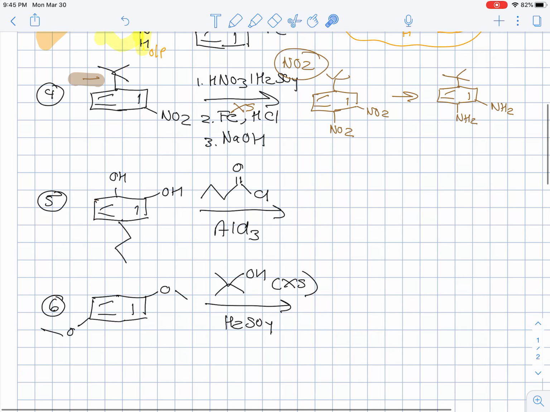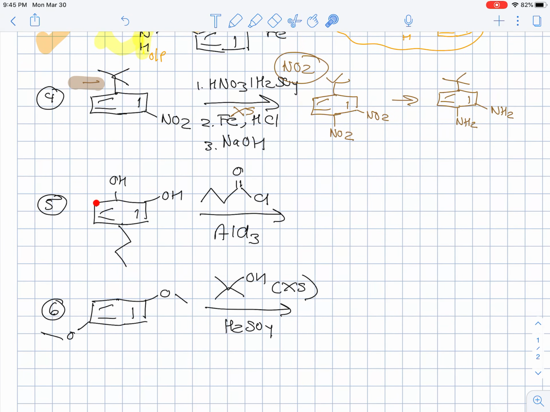So in other words, electronically, these 2 positions are essentially tied because they're both ortho or para to one OH group and meta to the other one. And so we're going to use this alkyl group as a tiebreaker.